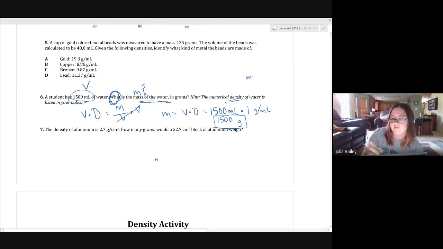This is maybe getting a little ahead of ourselves, but we're looking at milliliters times grams over milliliter. That means you get grams times milliliter divided by milliliter, and milliliter divided by milliliter is just 1. So grams times 1 divided by 1 is just grams. Don't worry about it too much. We'll get there. But yeah, we're left with grams for mass.